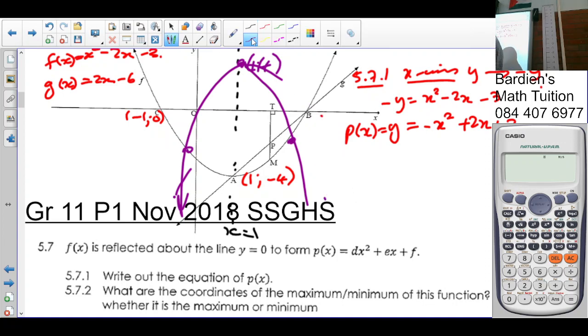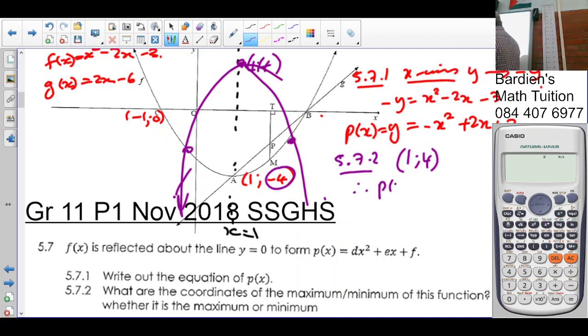So the question is, what are the coordinates of the maximum or minimum? The coordinates are 1 and 4. This is now your turning point. Why? Because if something is reflected in the x-axis, y becomes negative. So negative 4 becomes negative negative 4, which is positive 4. So does this graph have a maximum or minimum?